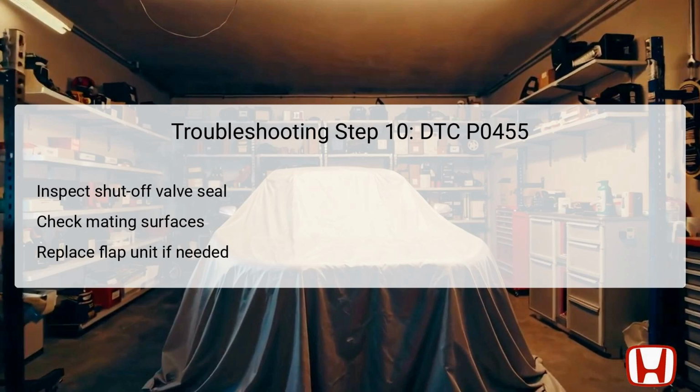On the other hand, if the seal is intact, you should continue checking the condition of the fuel tank unit's O-ring and the overall integrity of the fuel tank. This comprehensive approach helps avoid recurring issues with the EVAP system and keeps your vehicle's emissions within acceptable limits.